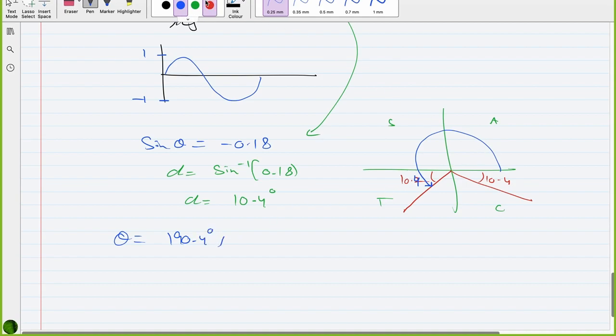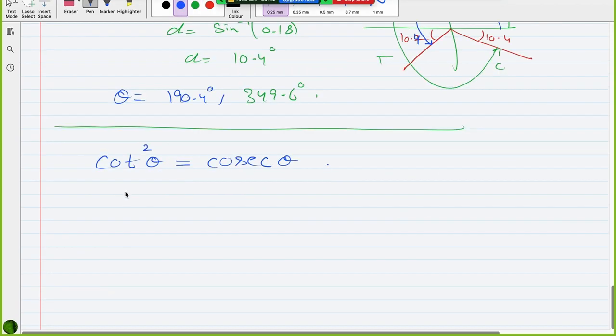And the last one is 360 minus 10.4, that is 349.6 degrees. Any confusion?